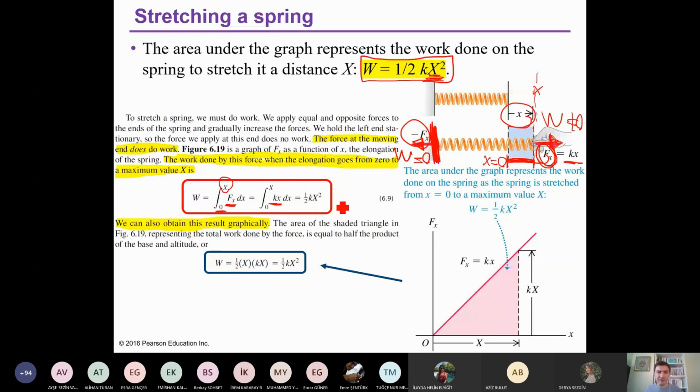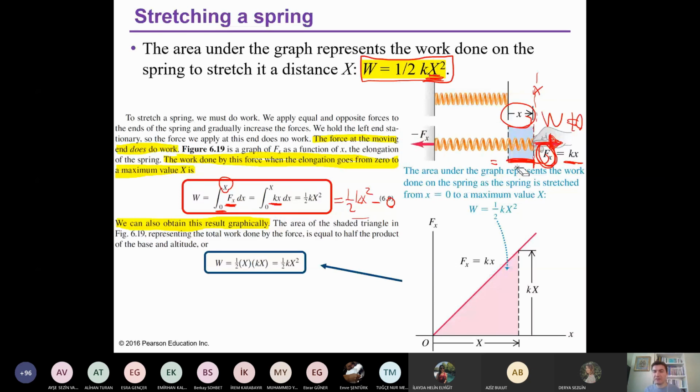Okay, actually it is like this: 1/2 kx squared minus 0. You write this expression for the upper limit and lower limit, and from the lower limit we will have 0, and from the upper limit we will have this one. So the work done by the hand on this spring is given by this expression, 1/2 kx squared.